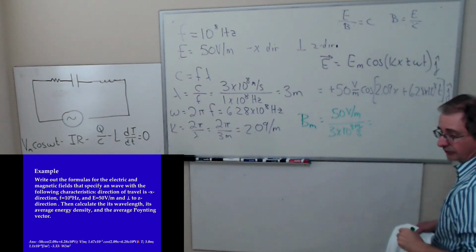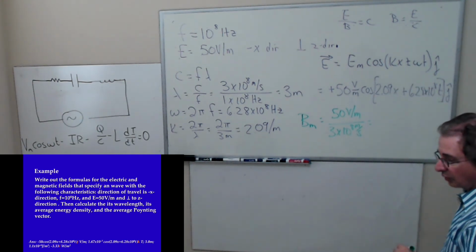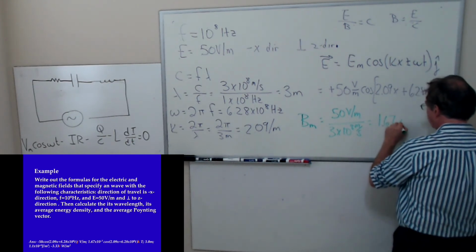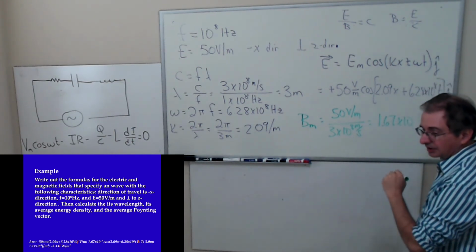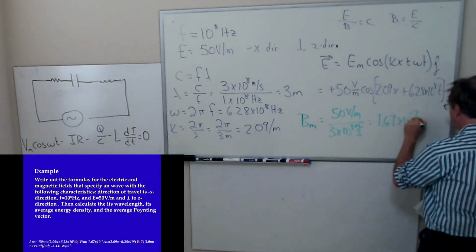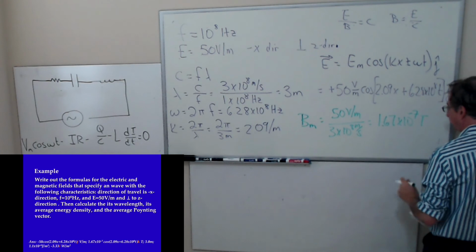And this will give you 1.67 times 10 to the minus 7 Tesla.